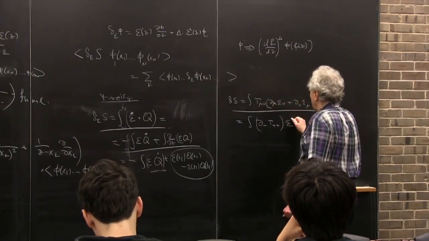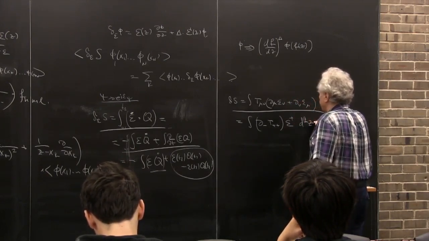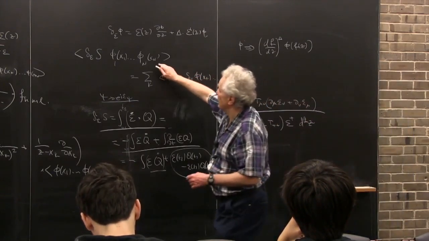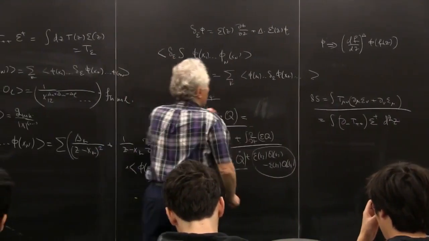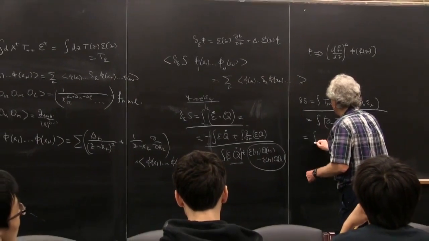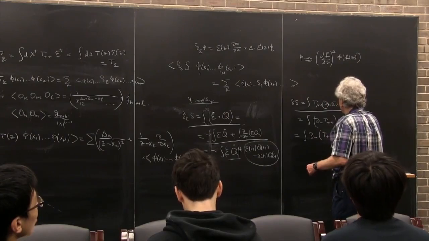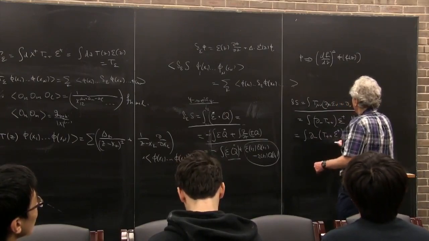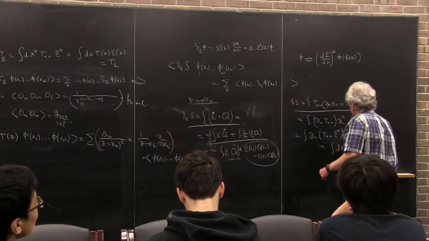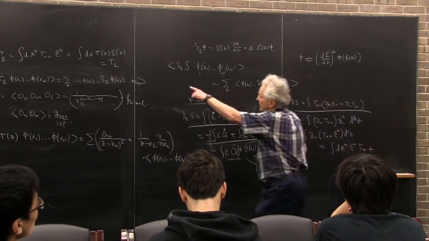plus ∂_z. And to obtain this form, which contains a single integral, all you have to do is take ∂_- of T_{++} ε_+ using the equations of motion, and that reduces to the integral over ∂_z of ε_+ T_{++}, and that's precisely this expression.